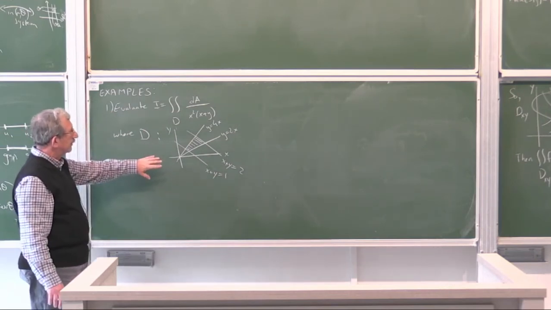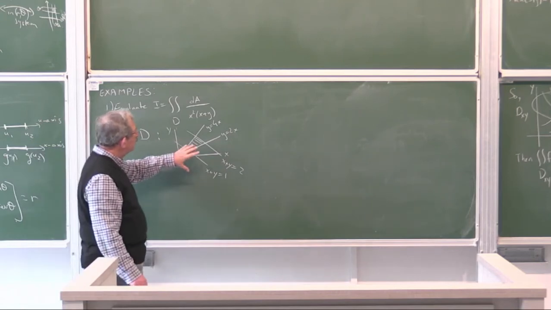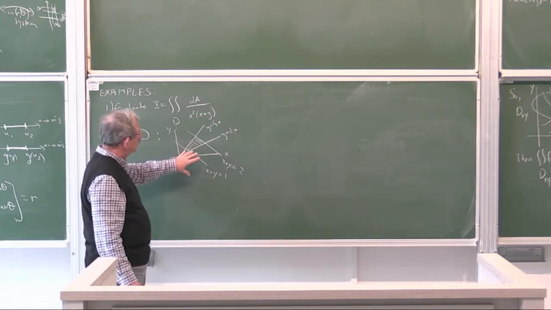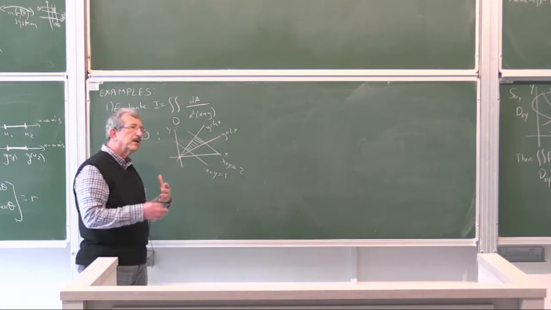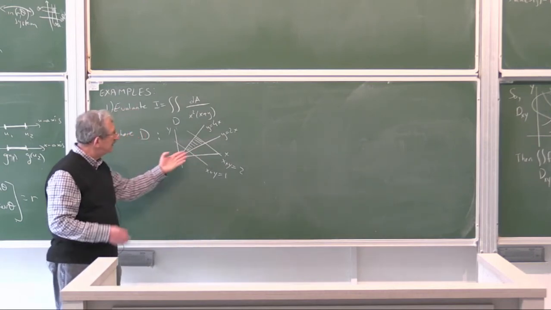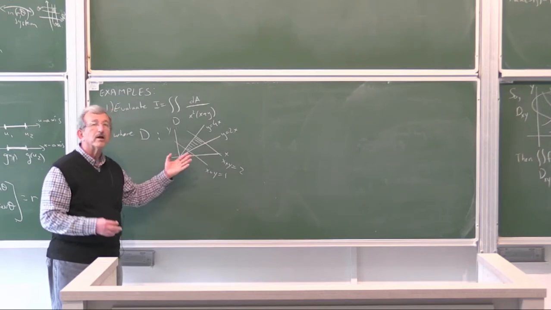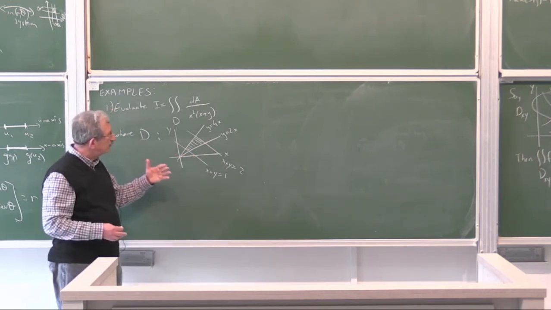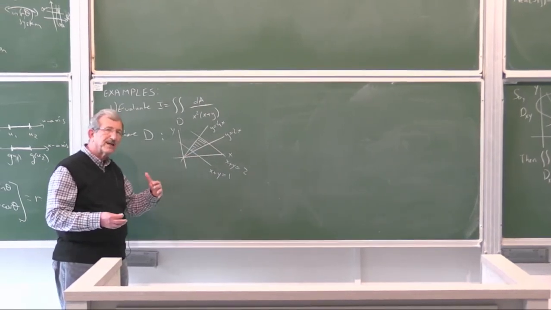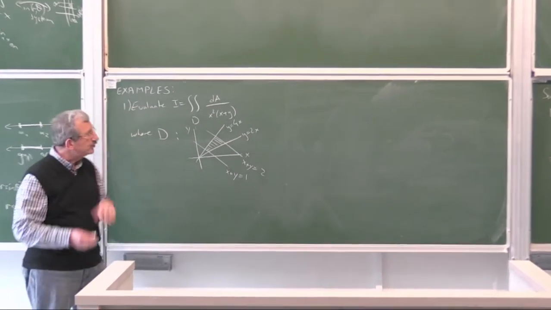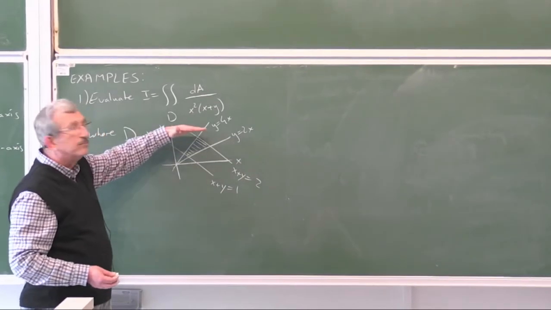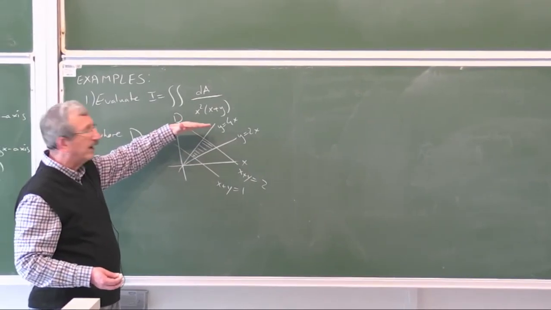Secondly, if you wanted to evaluate this integral directly, that means dividing D, it is not simple with respect to x or y. So if you divide D into parts where you get simple regions with respect to x first or y first, you will get 3 of them. You can check that.